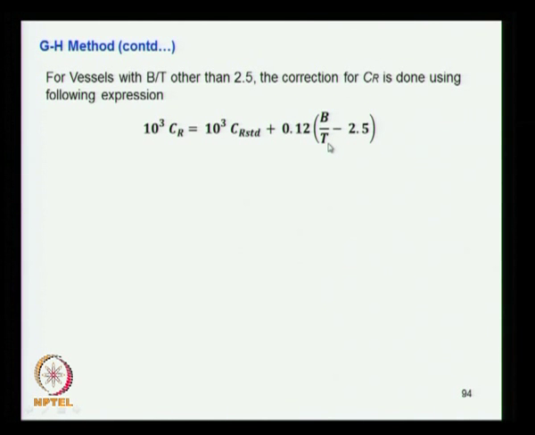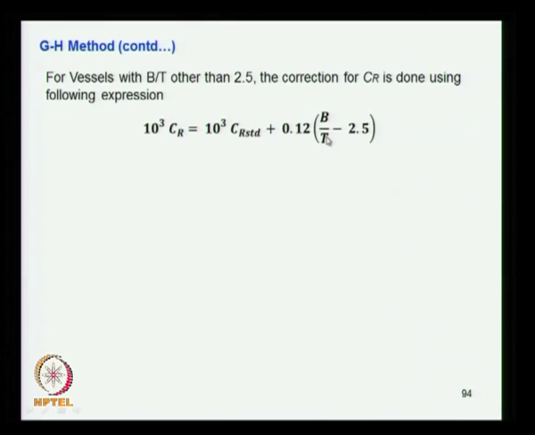It is physically correct: when the beam of the ship increases, resistance increases, isn't it. So when B by T is more than 2.5, the resistance Cr will increase, or if the ship is more slender, that is B is reduced, resistance comes down, and so this quantity becomes negative. This is taken care of in the correction.